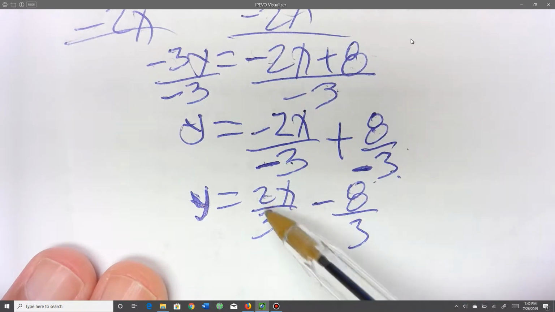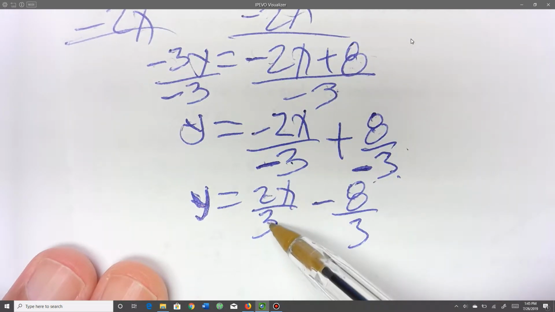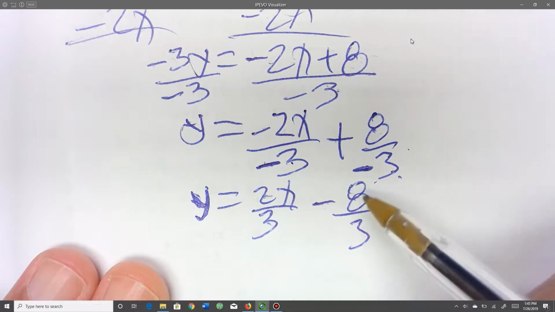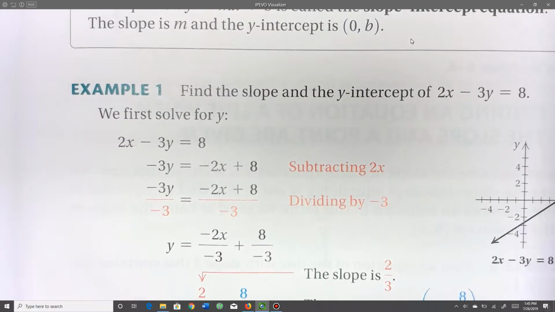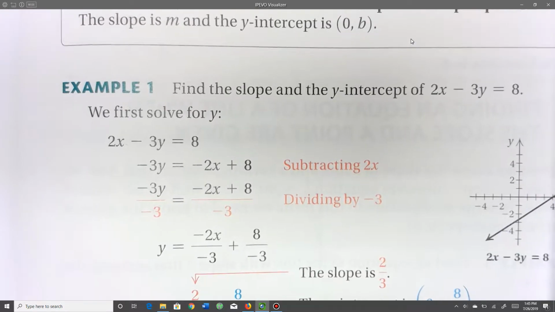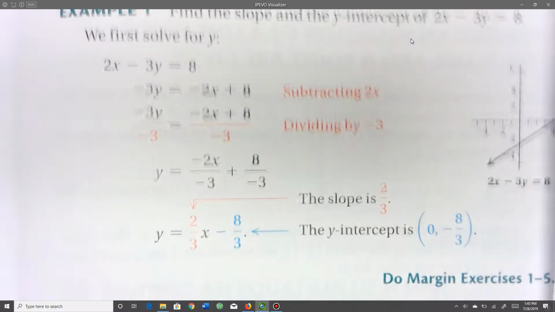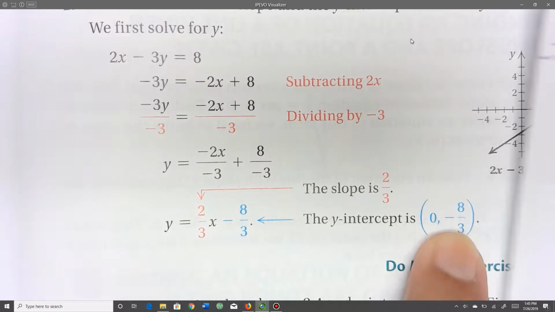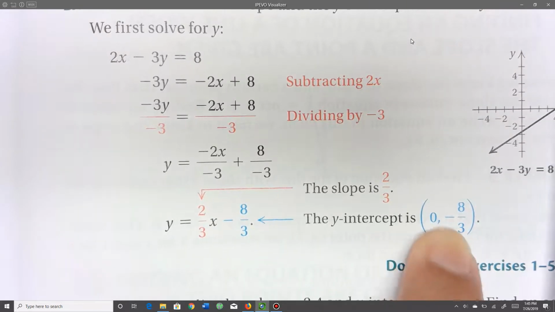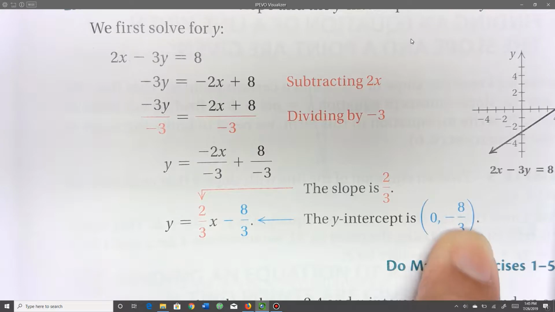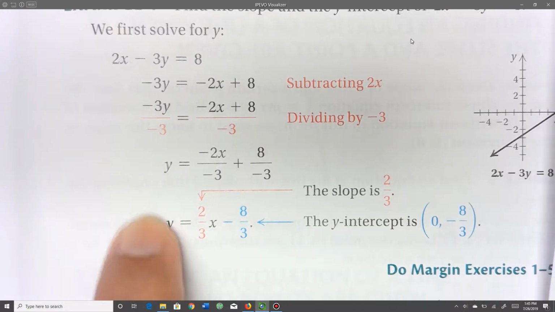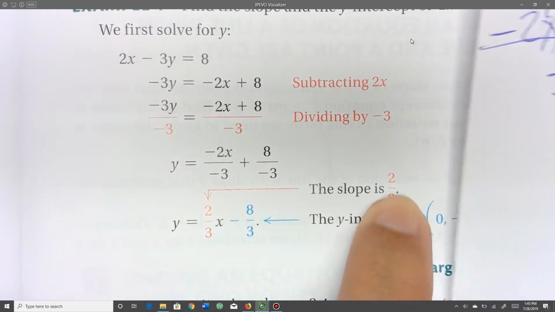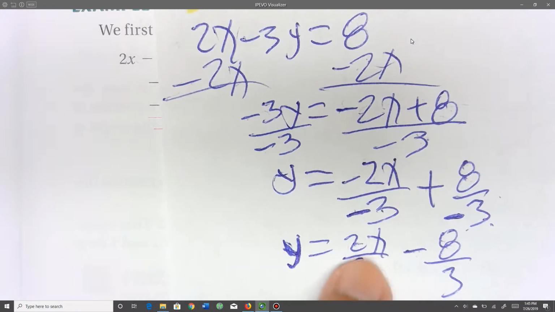Now I can see that the slope is positive 2 over 3, and the y-intercept is the point 0, well, let me see. Yeah, that's what they did here. So for the y-intercept, it is the ordered pair 0, -8 over 3, and for the slope, it is 2 over 3, which is what we got.